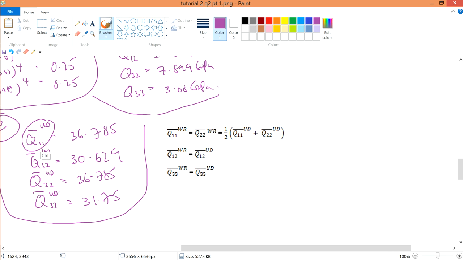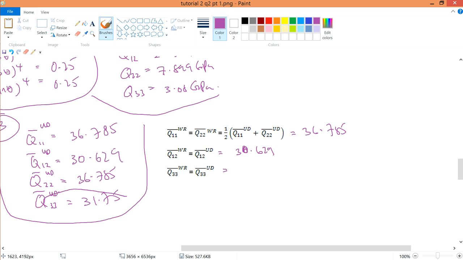So Q11 UD plus this one divided by 2. Alright, eventually you'll get this one also. Okay, and it's quite intuitive because Q11 and Q22 are exactly the same, because they are 45 degrees. But anyway, then Q12 woven roving is equal to Q12 unidirectional. So it's the 30.629. Alright, it should be 0.